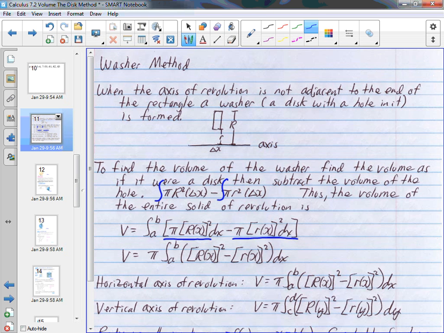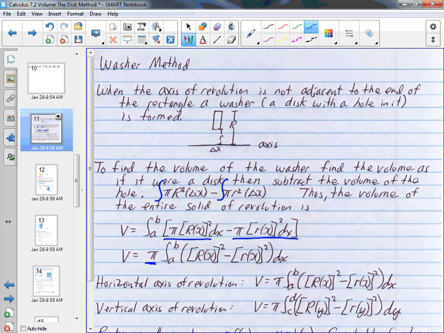And look how I wrote those radii. If we have a horizontal axis of revolution, those radii might be a constant, but don't count on it. They're going to be some expression of x. They're going to be functions of x if it's a horizontal axis of revolution. And then, like we did yesterday, you might as well factor the pi out and put it in front.